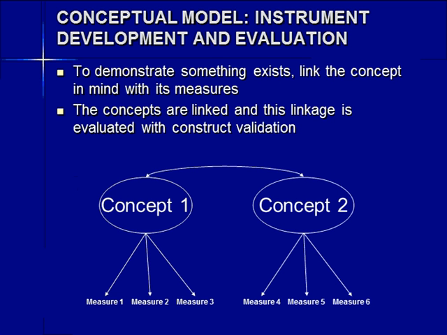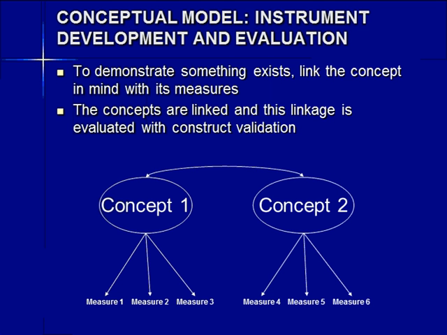So I'll talk a little bit about the conceptual model now around this building of an instrument, developing and evaluating it. You first want to be able to demonstrate in a convincing way that something you think you're measuring exists as a concept, and therefore you want to be able to link that concept with what you're asking about to measure that concept.